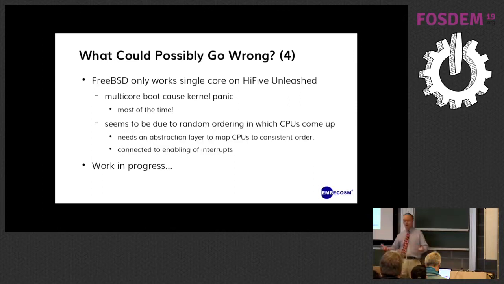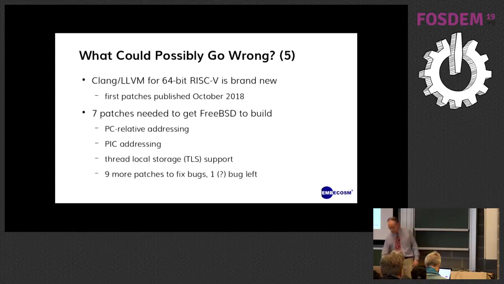But we've still got a prototype hardware working on a single core, and that's quite good for a lot of things. But the actual bigger thing, and why we originally got involved with this project, is our reputation as a compiler company for Clang LLVM. And we do GCC as well, we do both of them. The problem we had is that we were asked to start on this project at the end of October, which was when the first patches for Clang LLVM for 64-bit RISC-V were actually published.